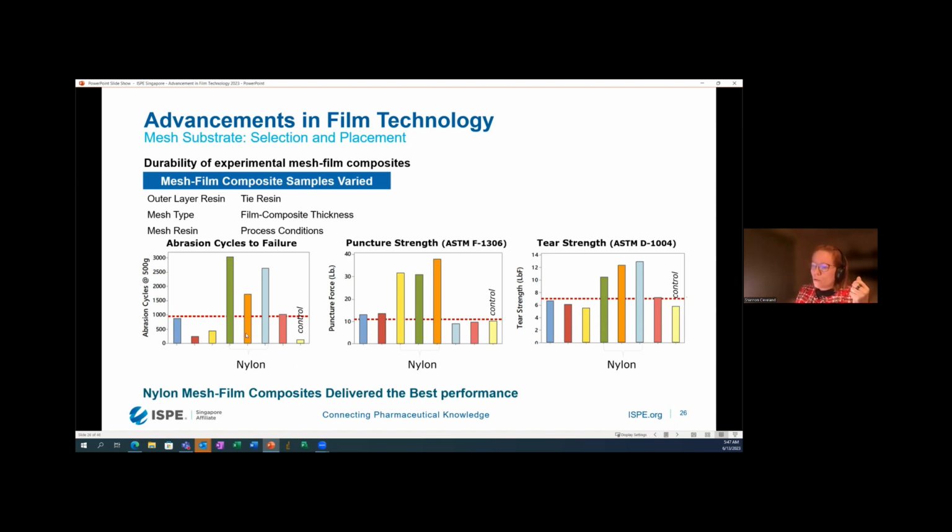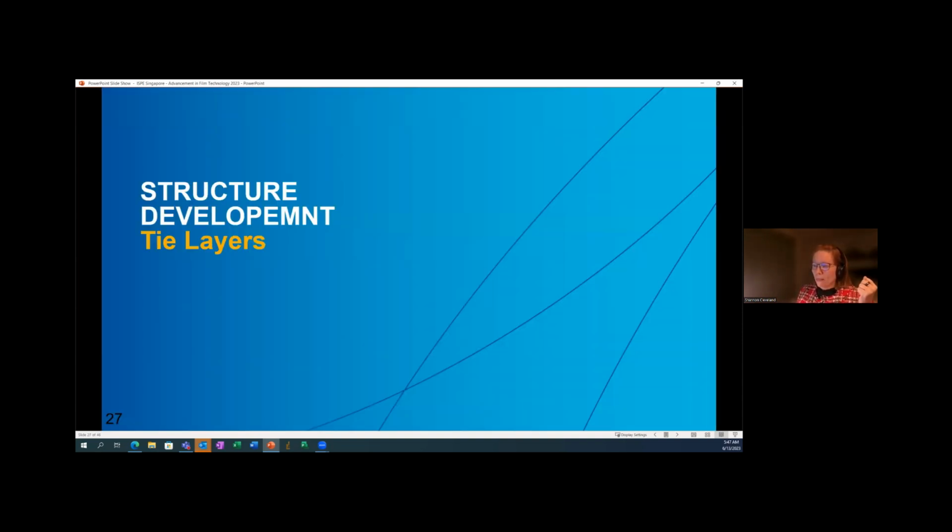And you can see these three candidates here, the three in the middle, because the band here is very light, are the nylon candidates that performed quite well. So we still haven't answered the question yet, but I'll get there in a minute.